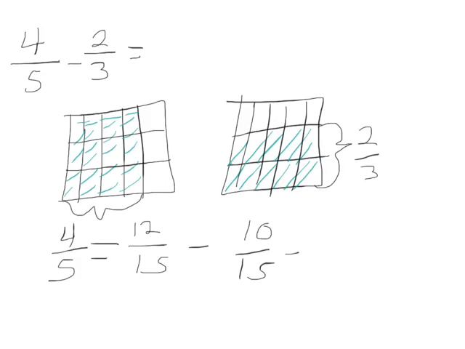If I have 12/15 and I subtract 10 of them, we're going to subtract 1, 2, 3, 4, 5, 6, 7, 8, 9, 10. I have 2/15 left. 4/5 minus 2/3 equals 2/15.